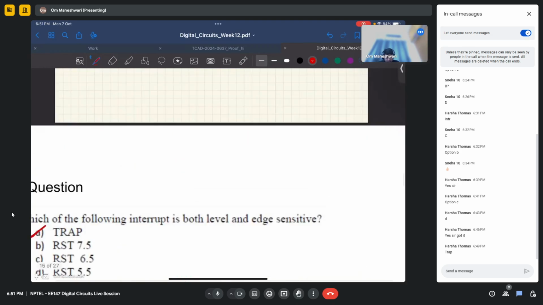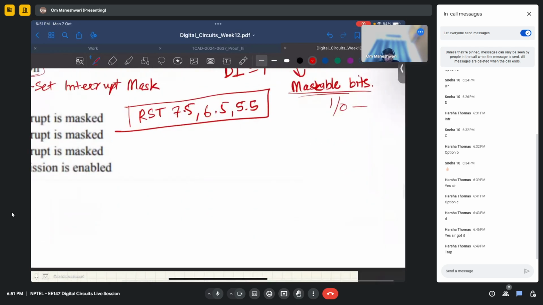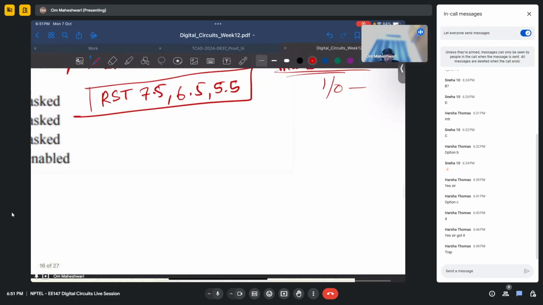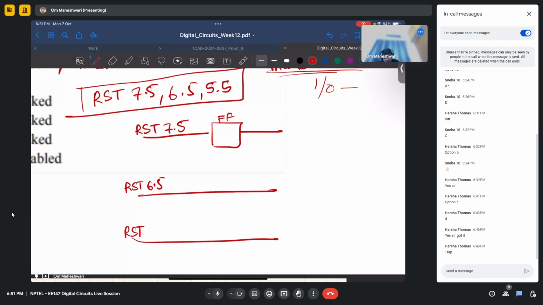Just now I had drawn this, right? I'll redraw this in a better way. So this is your flip-flop that is on in your RST 7.5. Then you have your RST 6.5 and your RST 5.5.